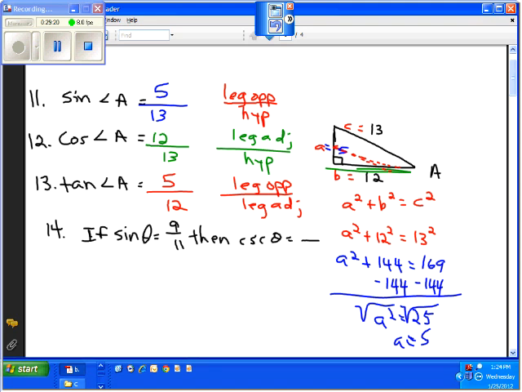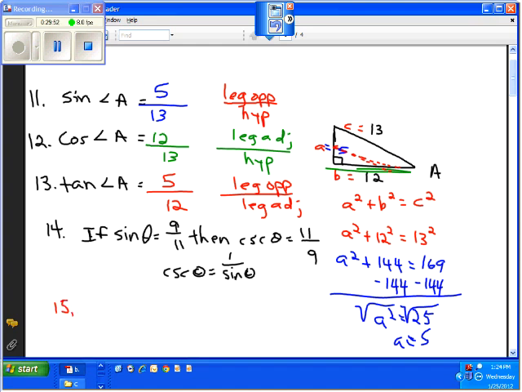Now, we know that cosecant is the reciprocal of sine theta, right? So using our reciprocal rules, if sine theta is 9/11, then cosecant is its reciprocal 11/9. Any questions on number 14? That's all we do. Just wanting to recognize our reciprocal rules, our reciprocal functions.